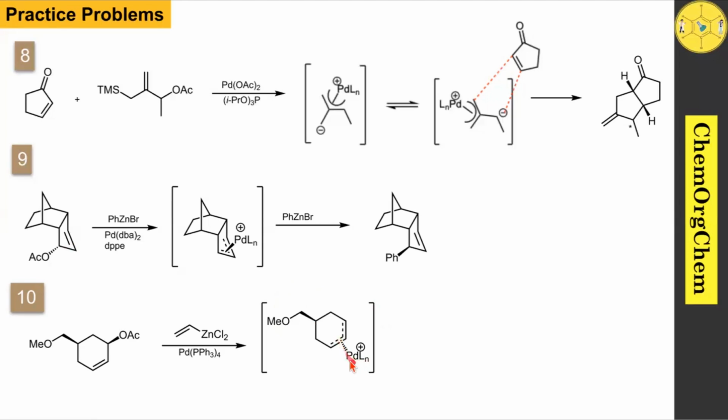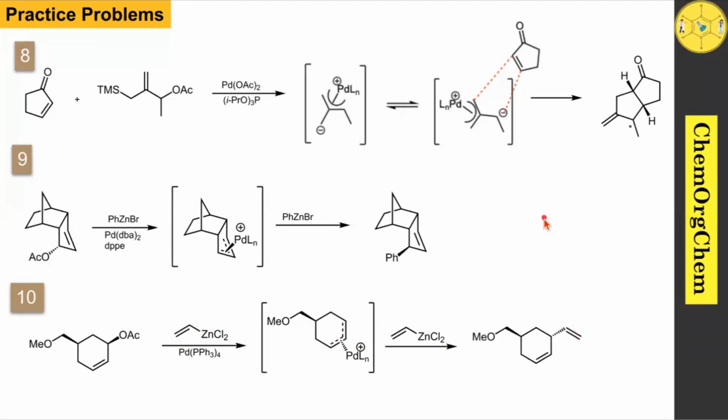Now you can see that the palladium species is present at the bottom face. After the generation of this palladium cationic complex, it readily undergoes transmetallation with this organozinc reagent, followed by reductive elimination also taking place from the bottom face, which leads to generation of this respective product.